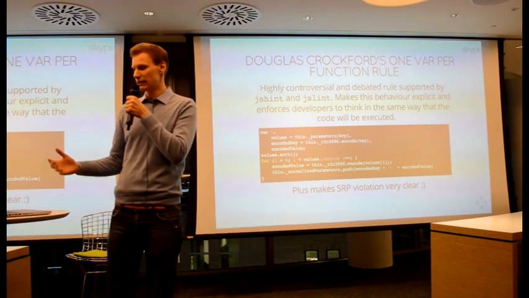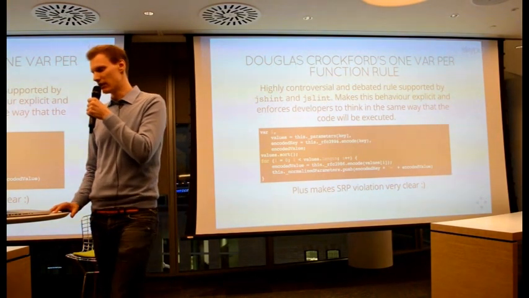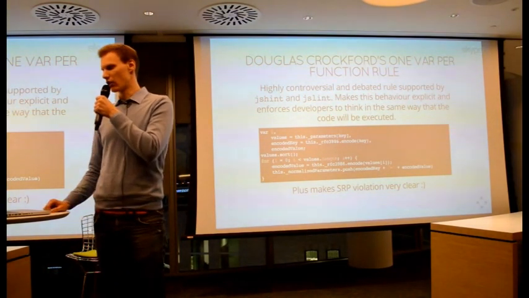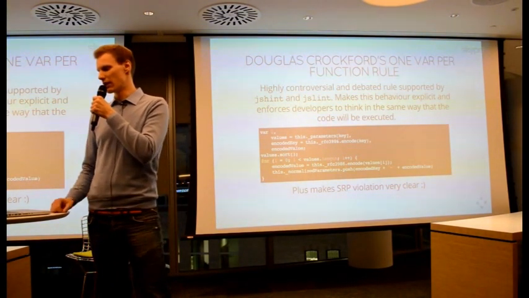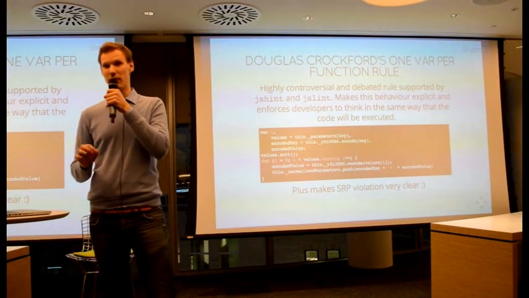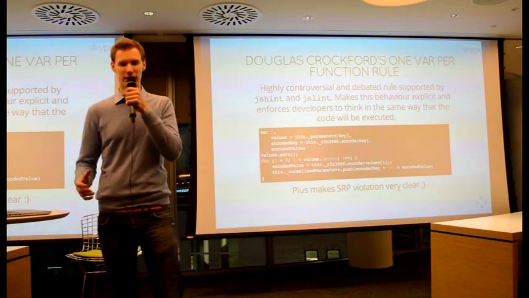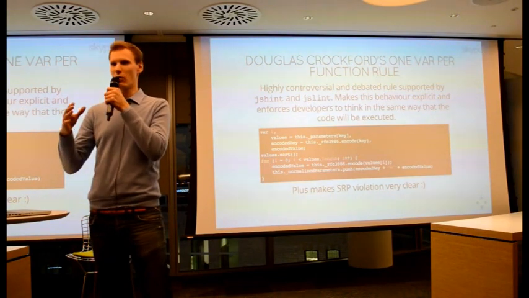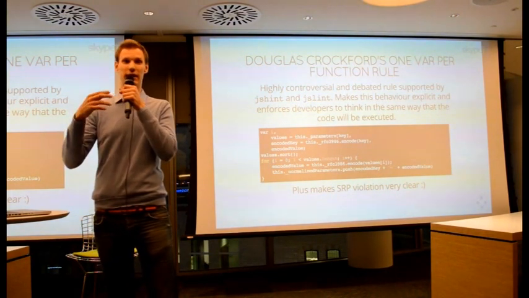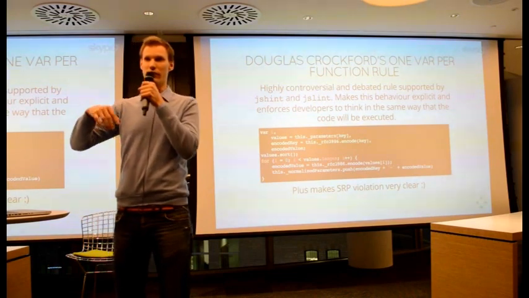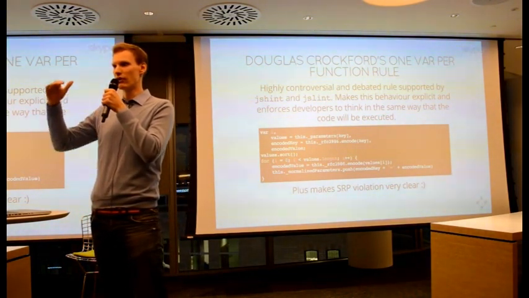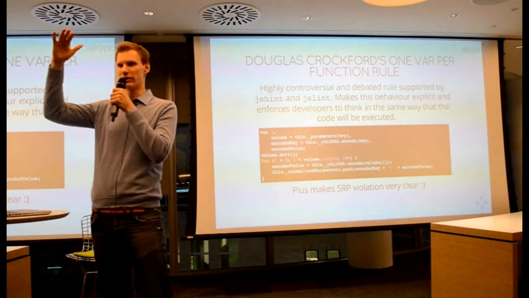And another thing that has been proposed by the community, specifically by Douglas Crockford, is the 1 var per function rule. This is a highly debated and controversial practice, but what it means is that you are writing code in the same way as the JavaScript parser will then execute your code. So instead of spreading your variable definitions all around a function, you define them at the top as the first instruction.